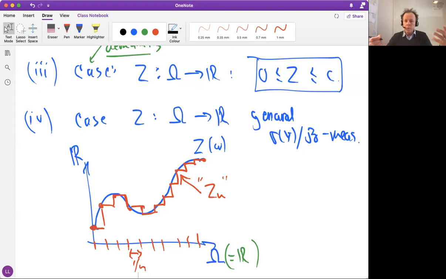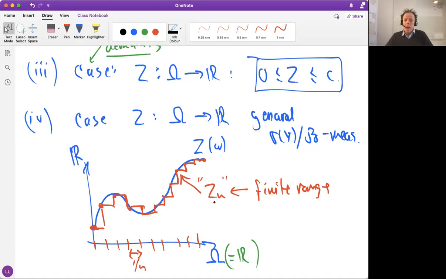So this would be one way to say that Zn is finite range, because from the picture you see that there are only finitely many different values that Zn takes. And then we prove that each of these is behaving well and measurable in the sense, and for each of these there exists an Fn, and we then approach Z by some limiting procedure.